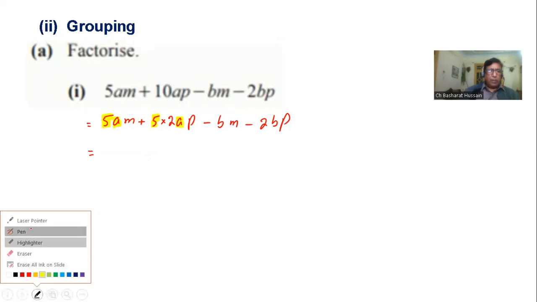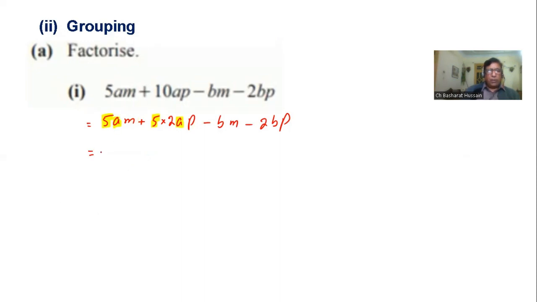Now we take 5a common. When you take 5a common, what is left here? m. So write m plus, and what is left in the second term? 2p. Now bm minus 2p: if there is no common factor, we take out 1 as common.